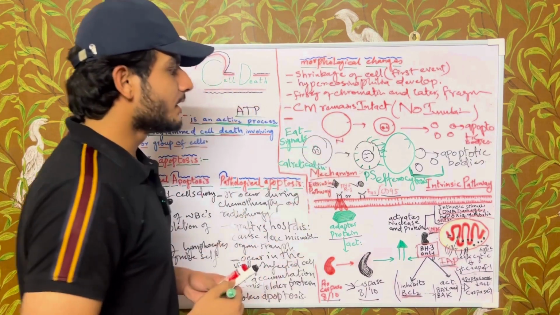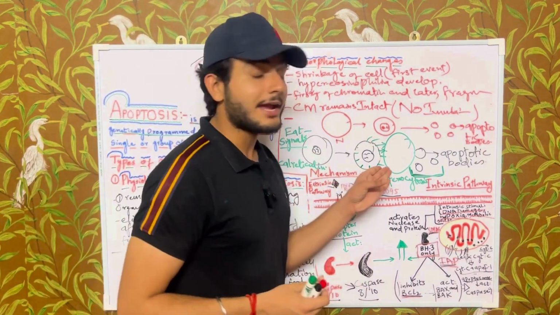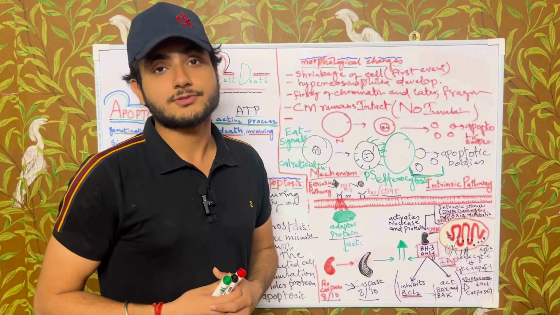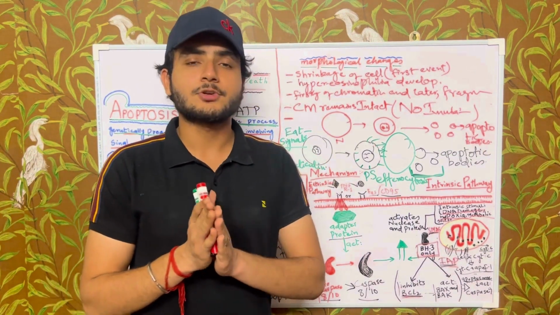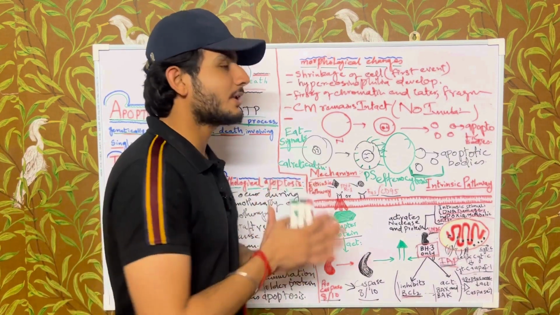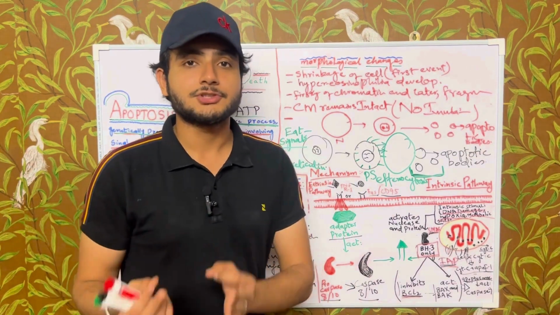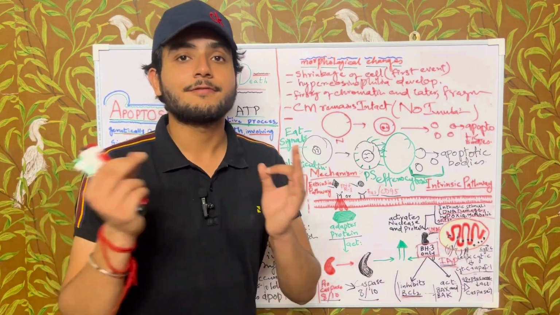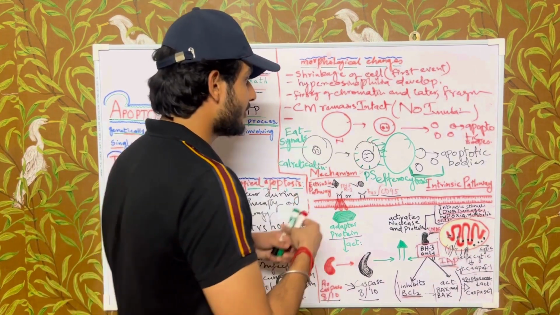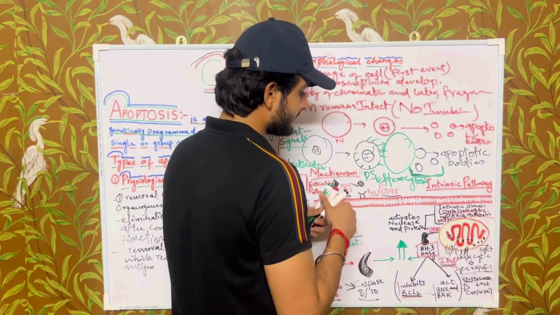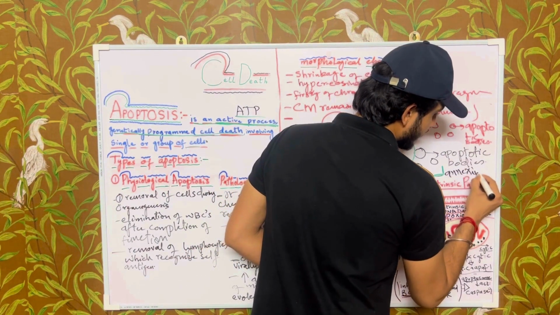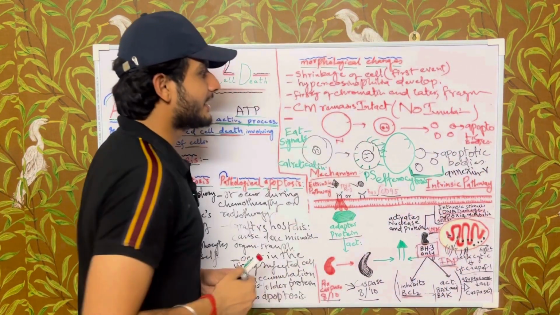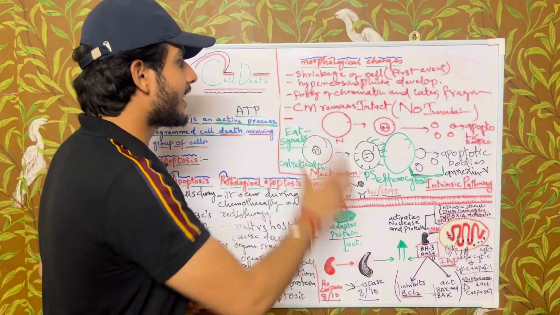So we could say that phosphatidylserine acts as a marker for apoptosis. How is phosphatidylserine visualized? It is visualized through annexin V, a compound known as annexin V.